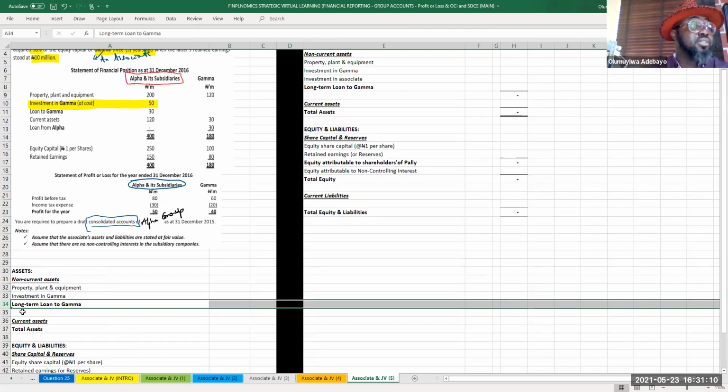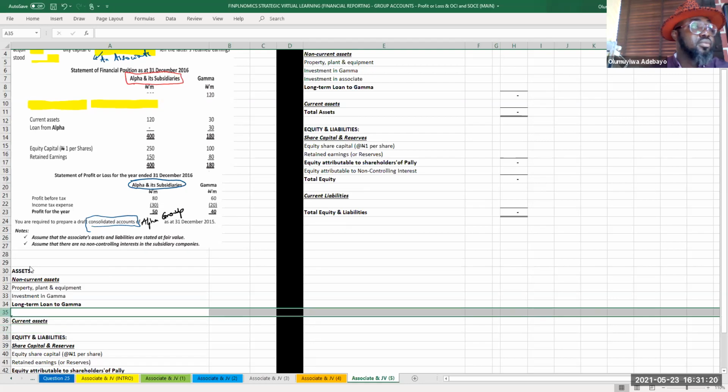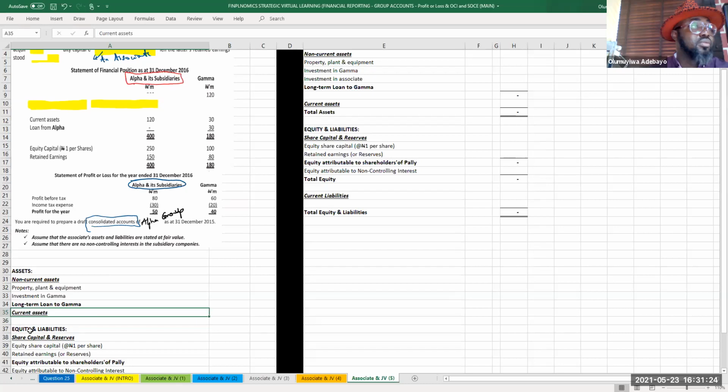I want to replicate this so that I can link it. Current assets. Loan from Alpha.